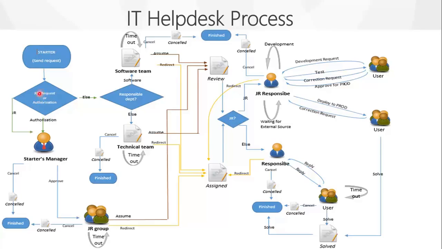So this company was actually using eBA not just for the typical IT tickets, but also for change requests. They were running various enterprise applications, and for instance, if they needed to do a change request on an SAP process, this was the same process they used to initiate and finalize these types of change requests.